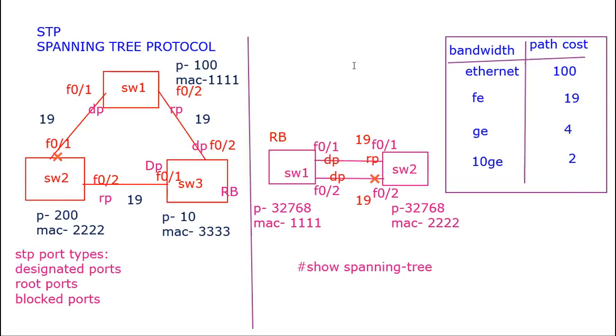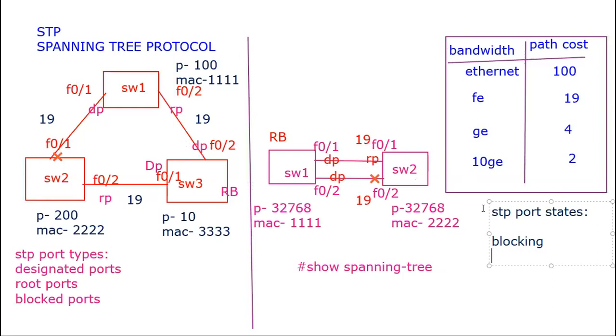Then there are STP port states. When STP converges, it goes through a few states. The first is the blocking state. Blocking is the first default state. When you connect switches with any device, you see the ports of the switch are first red, then they become amber and then green. So it takes some time.